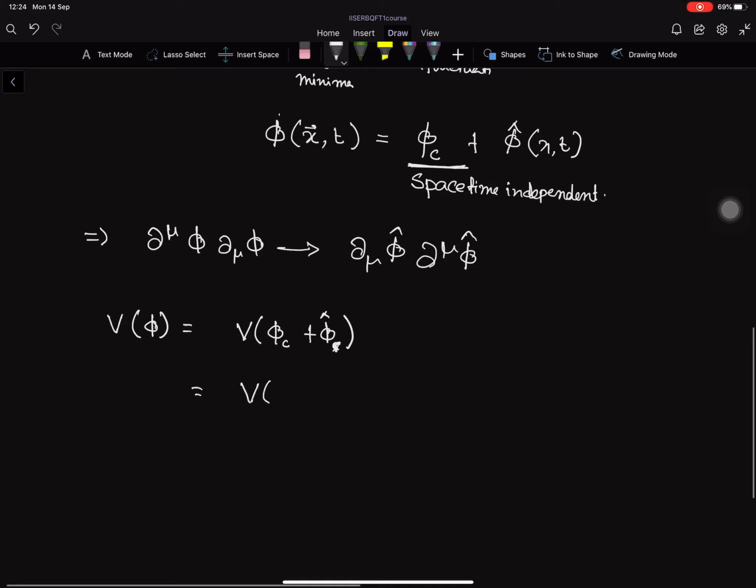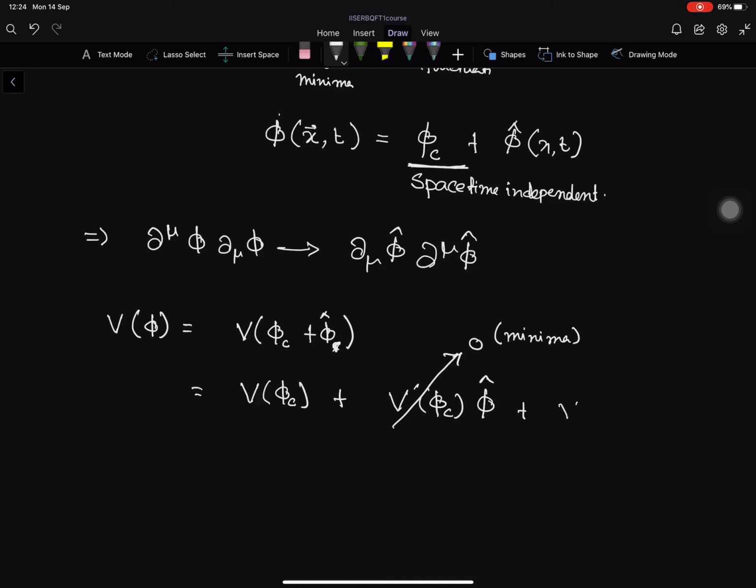This can be written as the functional value of the potential at that point plus, I am just Taylor expanding, V prime of phi c times phi hat, but this is 0 because it's a minima. Then V double prime of phi c times half phi hat square plus dot dot dot. So this we have to do.